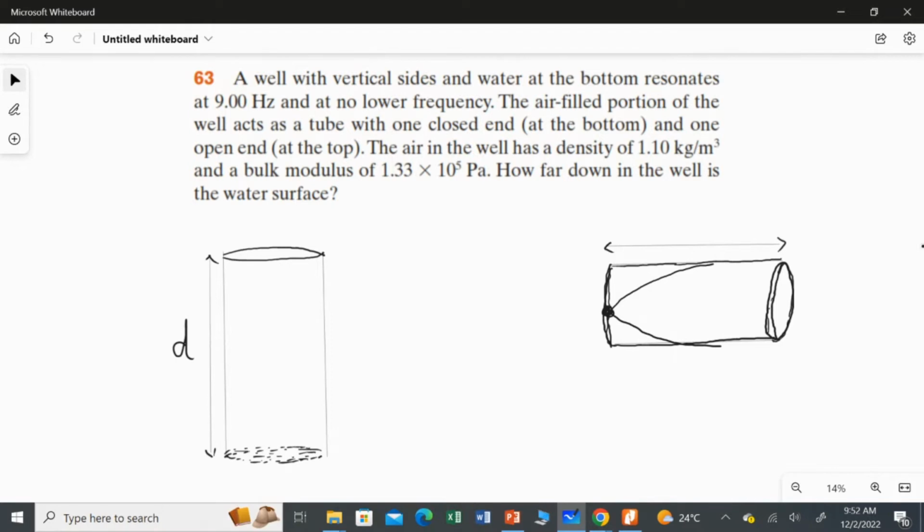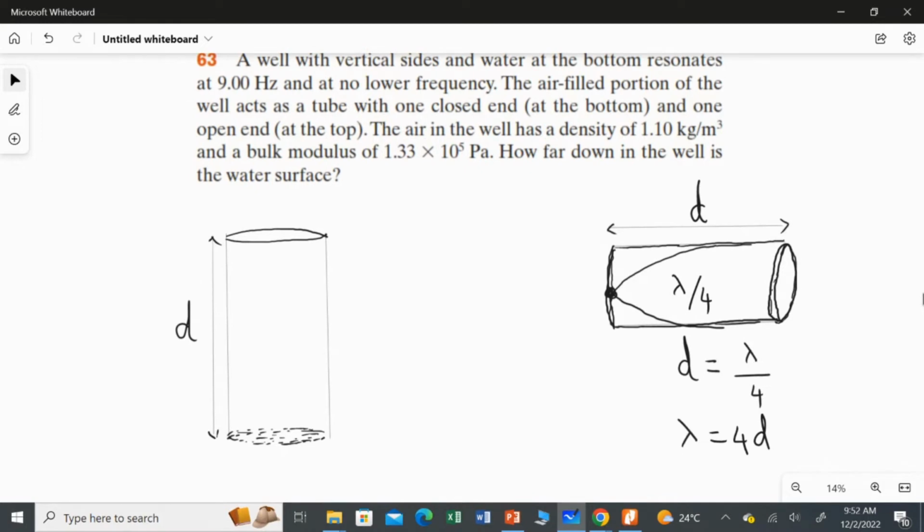Now we are going to find the value of D. As we already know, if you have half of a loop, you have only a quarter of lambda. So the length of the well is lambda over 4, therefore lambda is equal to 4 multiplied by D. So this is the lambda value for this case.